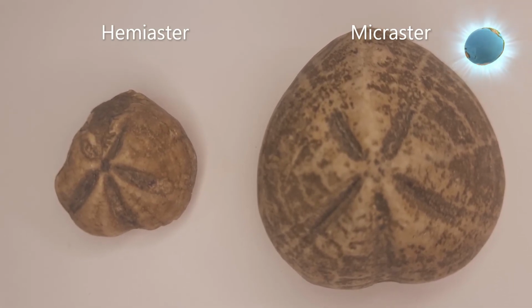There are two varieties of Echinoidea. One is called Regularia and the other is Irregularia. In Regularia type of echinoids, the peristome and anus are exactly in opposite directions.